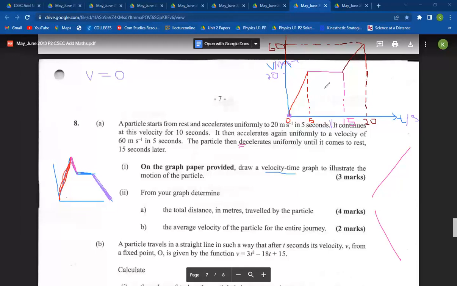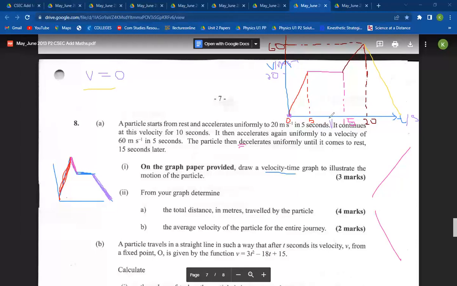So that's why my fourth phase would actually look, let me use a different color, yellow, like this. How long did it take me? Well, from this point to this point, oh, they said it comes to rest, right? Remember, rest, velocity is equal to 0.